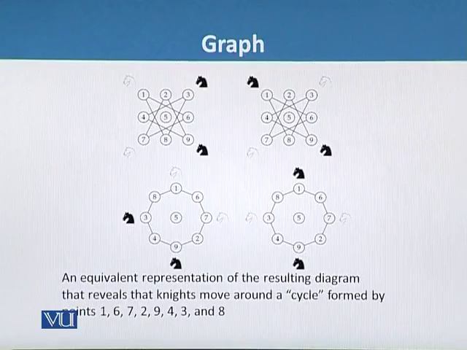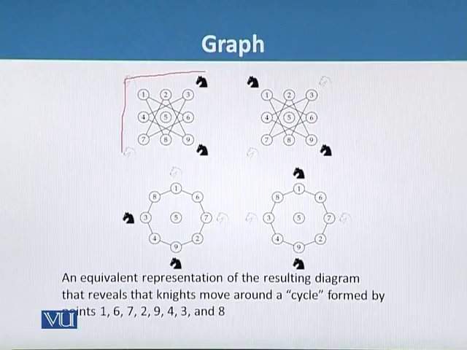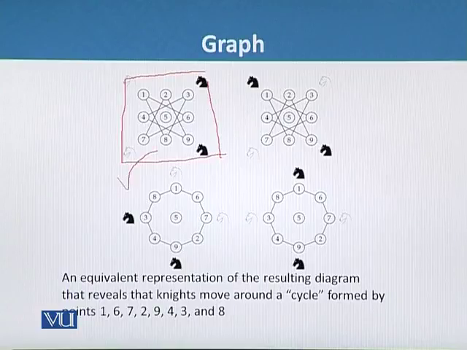Now we can see a diagram which shows an equivalent representation of the resulting diagram, revealing that the horse moves around a cycle. This is the representation of the chessboard. Now we can represent it in a cyclic form. We can say that this is 1, 8, 3, 4, 9, 2, 7, and so on.